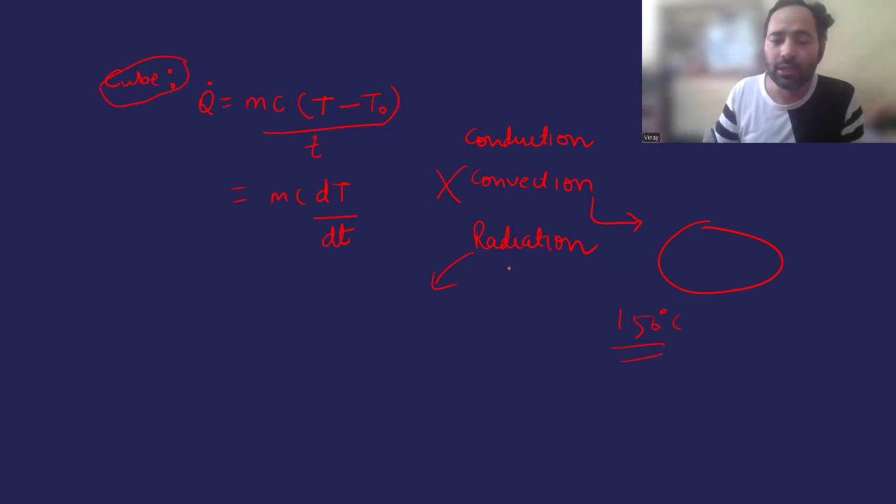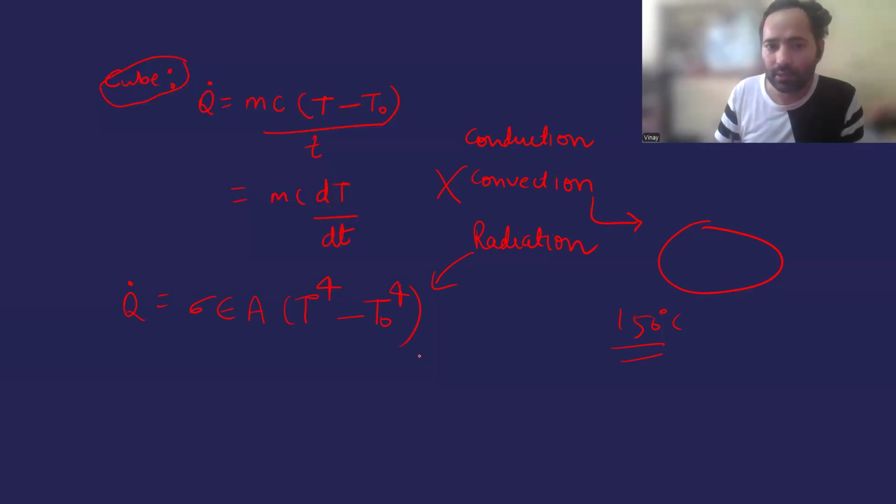Okay, fine. So how does the radiation heat transfer take place? This Q dot is given by the Stefan-Boltzmann law: sigma, the Stefan-Boltzmann constant, epsilon is emissivity, into area, into T instantaneous to the power 4 minus T surrounding to the power 4.